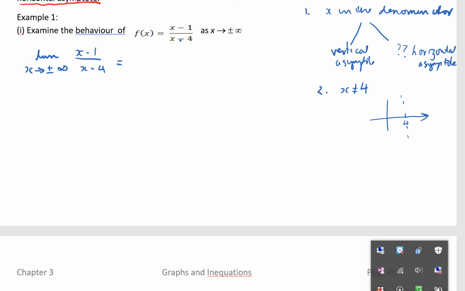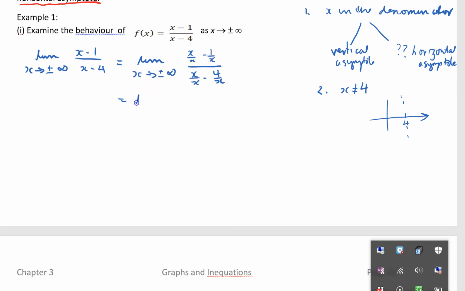Now that's something worth just learning off by heart. So the highest power of x in the denominator is x, and so we're going to divide every term. So this is the limit as x approaches plus or minus infinity of x divided by x minus 1 divided by x, all over x divided by x minus 4 divided by x.